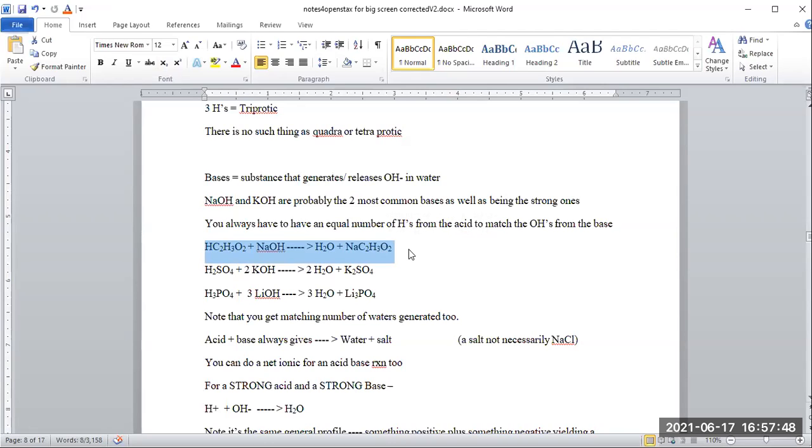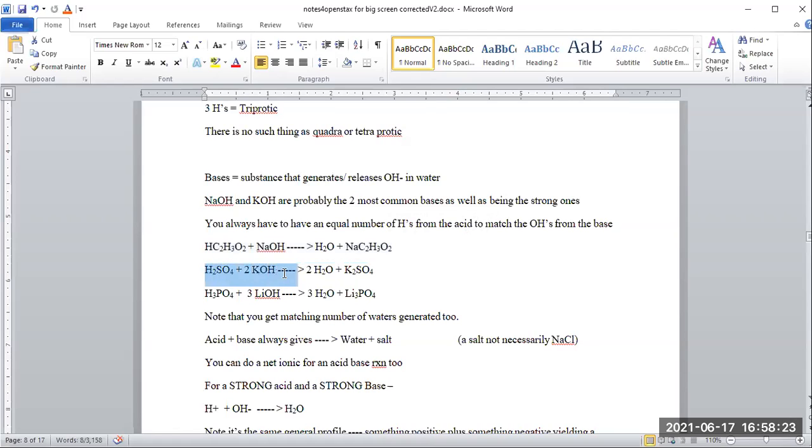We have a single hydrogen on our monoprotic acetic acid. The fact that there are hydrogens in the middle of the acetate is not actually relevant. We have one OH on the end of our sodium hydroxide. We made one water molecule. And the leftovers create an aqueous salt, in this case known as sodium acetate.